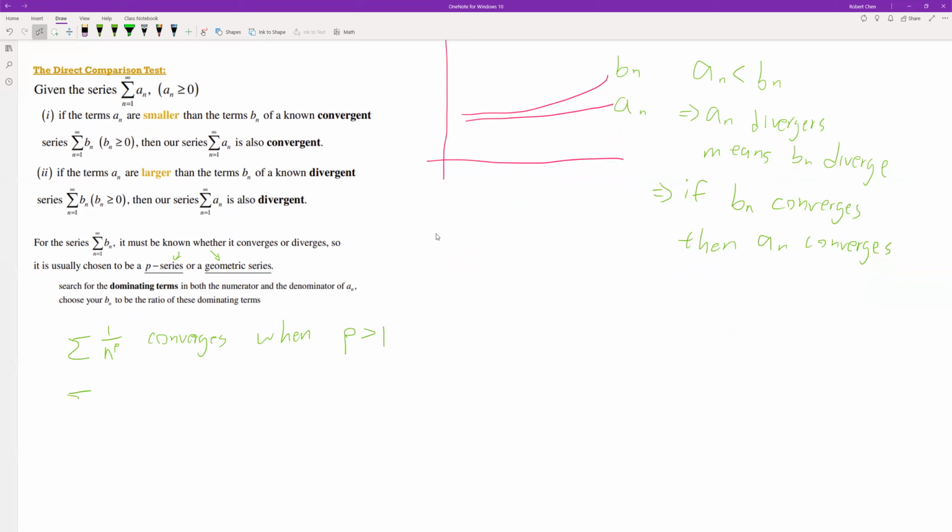Now, if you have a geometric series, which will look like 1 over some constant, I forgot which constant we used, that's the ratio R, R to the power of n, then a geometric series converges when the absolute value of R is less than 1.